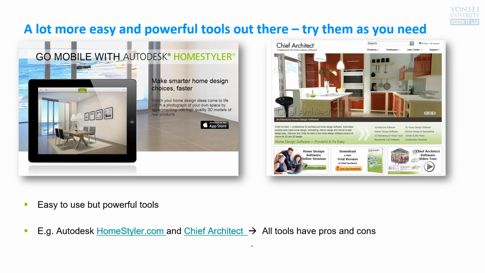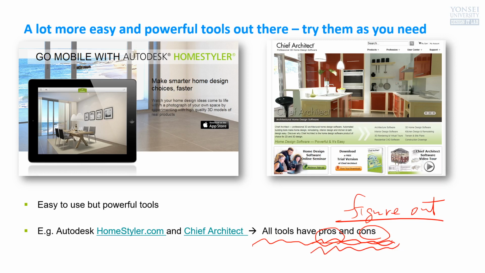SketchUp is very good for quick modeling, quick 3D models and quick rendering. All tools have their pros and cons. We have to figure out Revit's pros and cons, 3D Max's pros and cons, SketchUp's pros and cons, and Chief Architect's pros and cons, and so on.